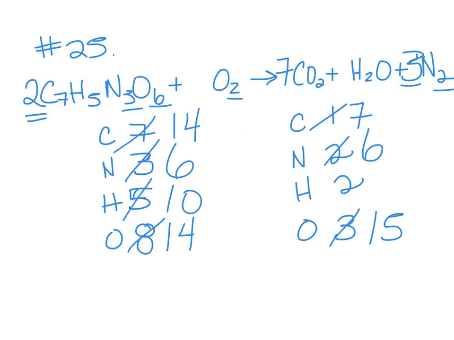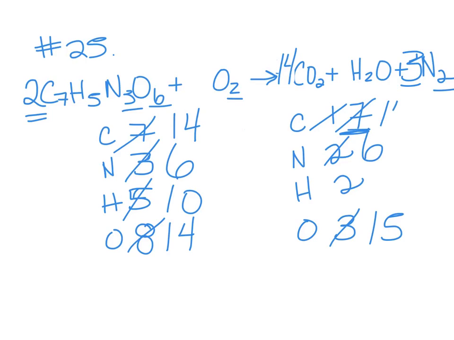Now you can see that I have my 6 nitrogens, but my carbons are out of whack, so I'm going to change that. I have 7 carbons on my right, so what I want to have is 14. So I'm going to go from 7, and I'm going to put 14 in front of that.